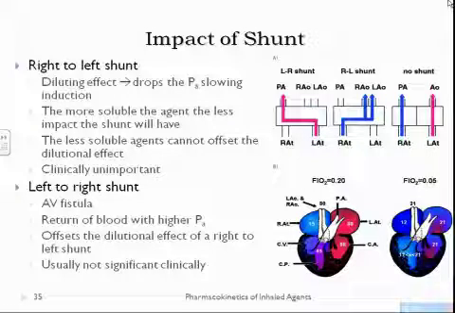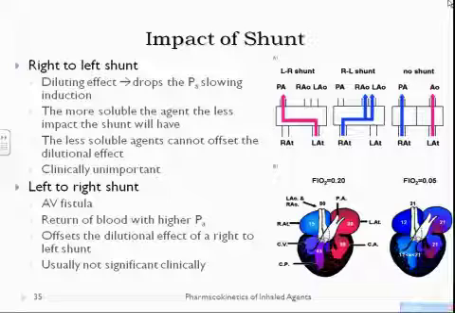But if you have a right to left shunt, what ends up happening is that you dilute out the anesthetic. You're taking blood that has not gone through the lung, and now it goes to the left side of the heart, which then dilutes out the gas that's coming with the blood via the pulmonary veins.